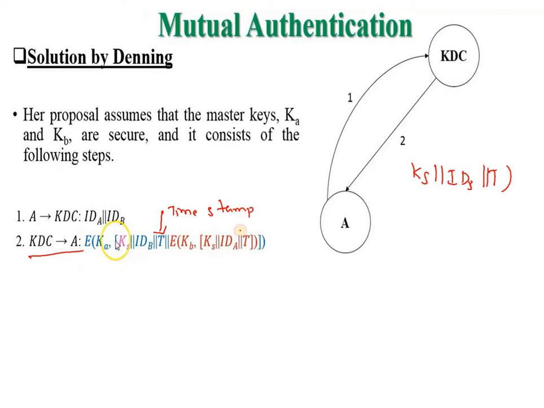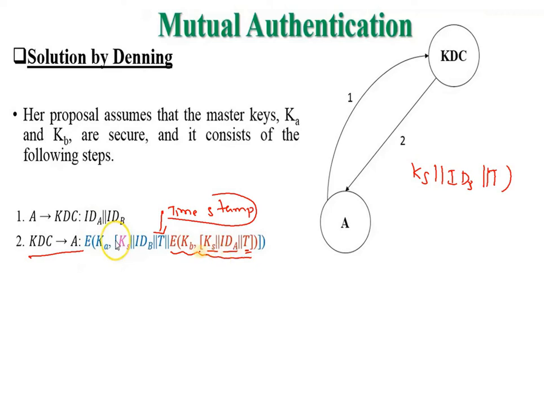Along with the session key and identity of B, it shares the timestamp, and then it also shares the E of KB, KS, ID A, and T. You can see another timestamp is also added here in the second step. So in the second part of the message, it shares the session key, identity of A, and the timestamp.